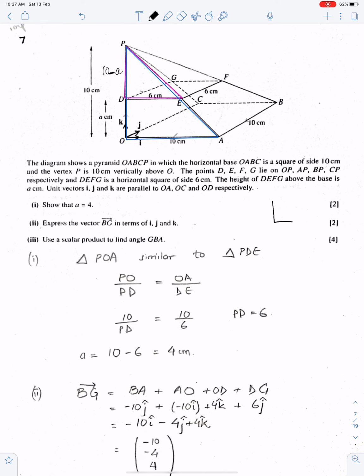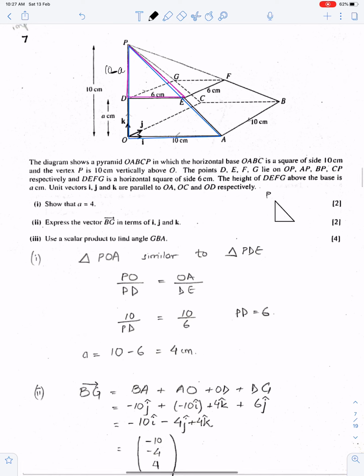I can draw these triangles here for you. This is PDE, length 6, and this length is 10 minus A. And the second triangle is POA. This is 10 and this is also 10. So by taking the ratios of the corresponding sides of these two triangles, we can get the value of A. And A is 4.